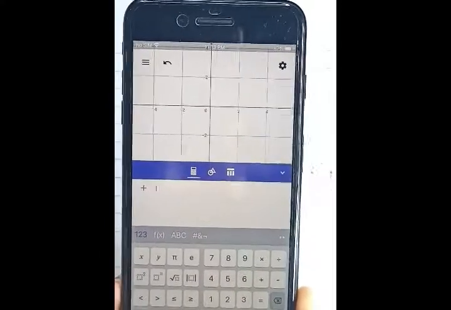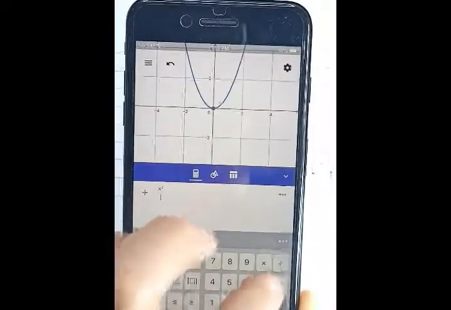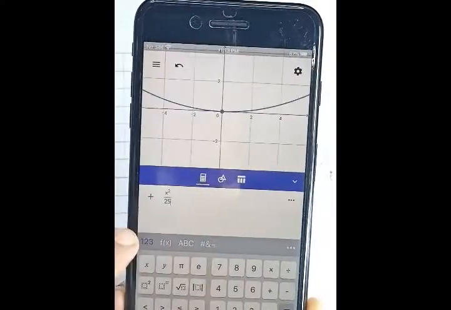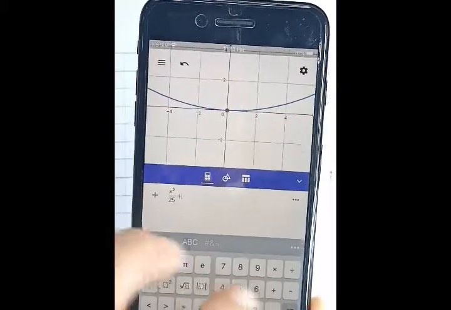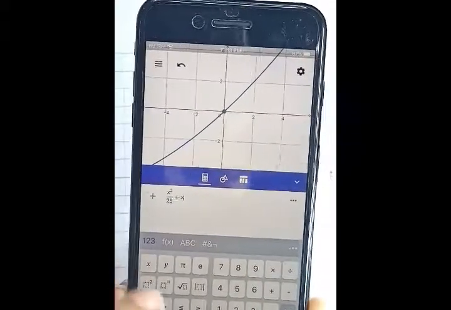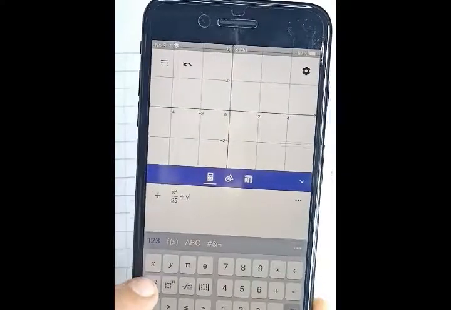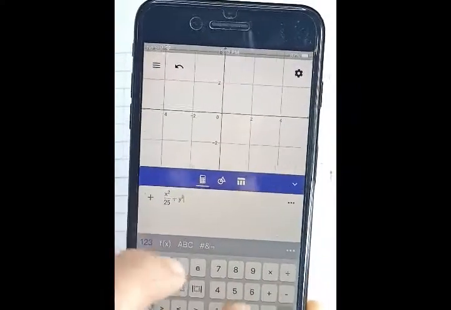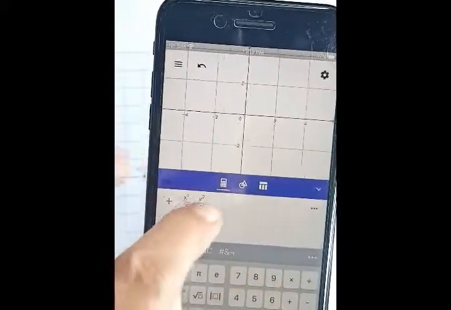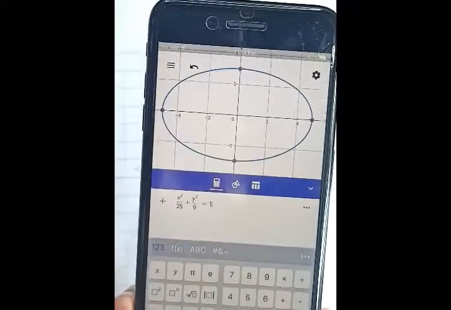We have x squared divided by 25 plus y squared divided by 9 equals 1.